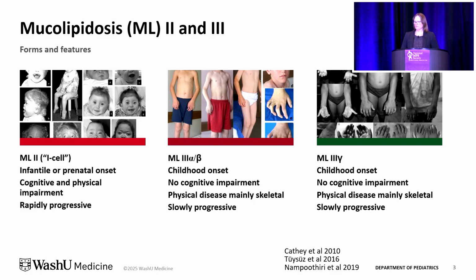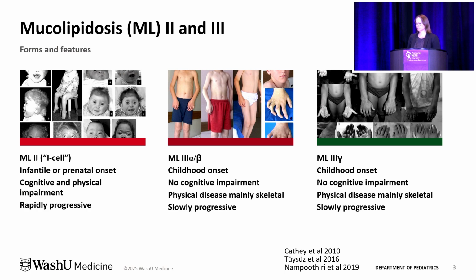So mucolipidosis types 2 and 3 can be divided into these three categories: ML2 or I-cell, which is an infantile or even prenatal onset of the condition with cognitive and physical impairment. And this is a rapidly progressive condition.